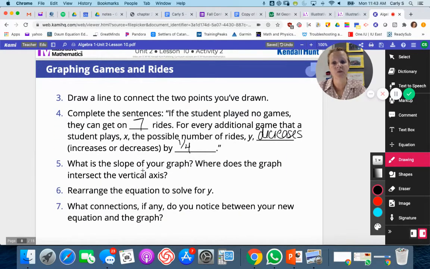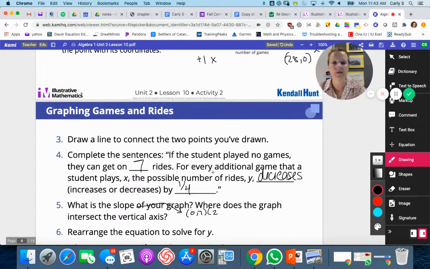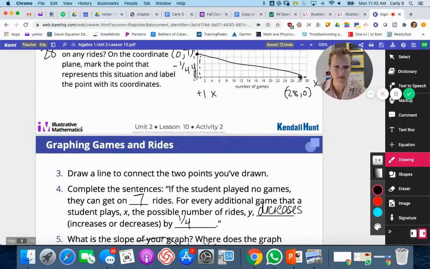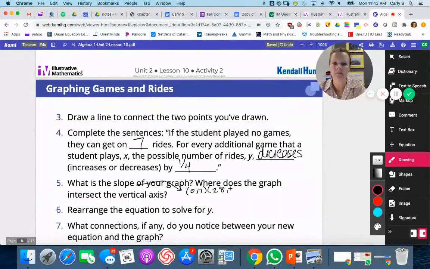So what is the slope of your graph? Where does the graph intersect? For the slope, I'm going to calculate it with my ordered pairs 0, 7 and 28, 0.